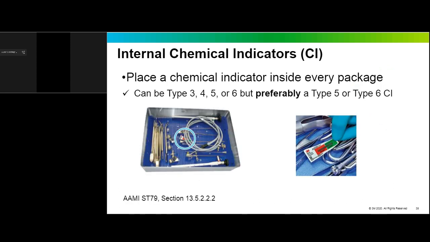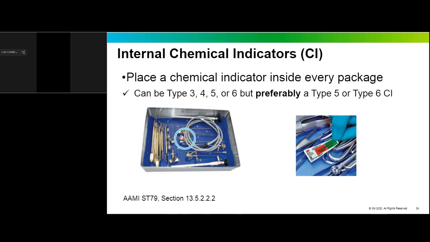Then internal chemical indicators, they should be placed in each load item, inside each tray. And I mentioned that AAMI now does recommend the use of a type 5 or type 6 internal chemical indicator. When I'm talking to people in hospitals and surgery centers, this is very routine and common practice. In clinics, I think we still have some room to get there.